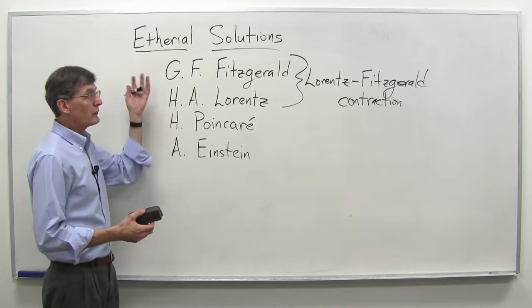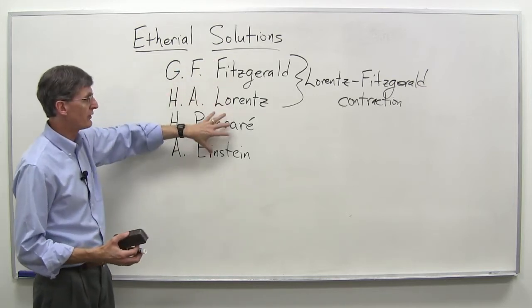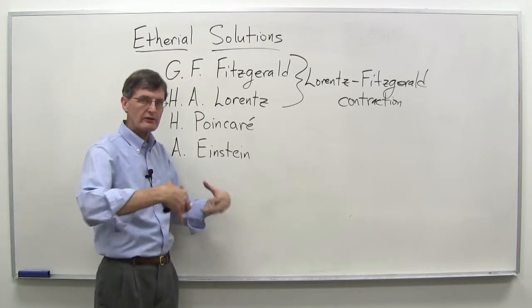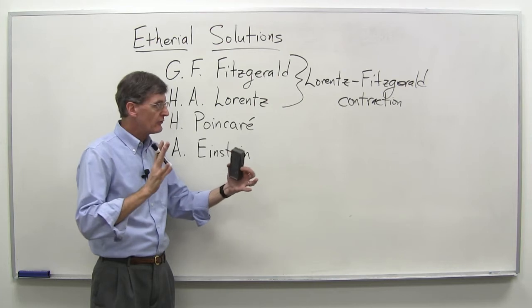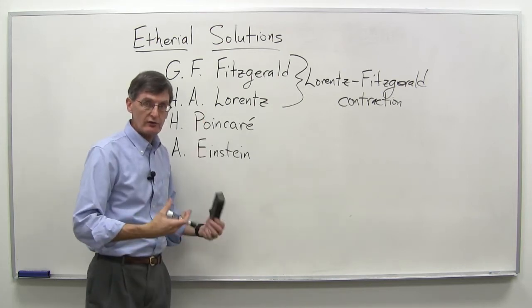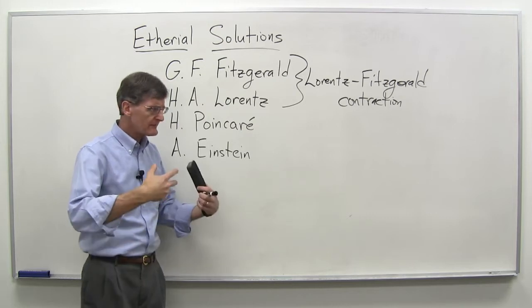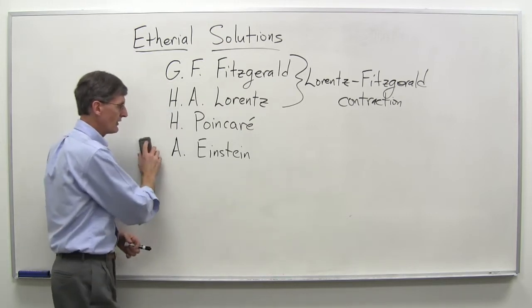Well, what was Einstein's ethereal solution? So the solutions, Fitzgerald, Lorentz, Poincaré, they're still working within the context of the ether, figuring that maybe matter itself is modified as it travels through the ether, and maybe even time, the nature of time itself is modified, at least in a mathematical sense in terms of the theory. What did Einstein come up with?